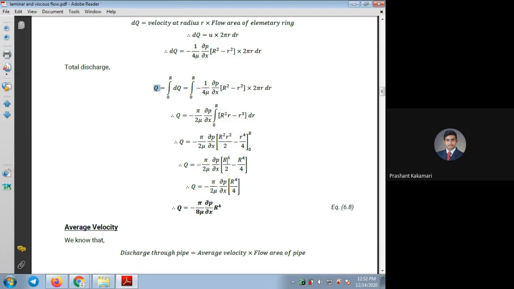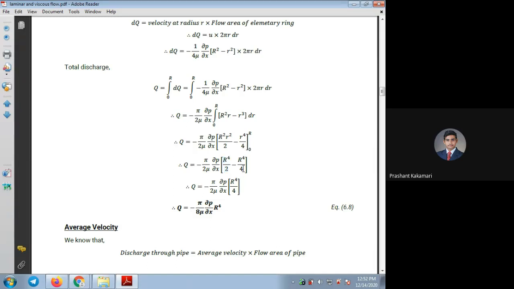Once you integrate, I will get r raised to 4 by 2, because small r after integrating becomes capital R, putting the limits 0 to R. After substituting, the final term will be minus pi by 2 mu dp by dx into bracket, where we focus on R raised to 4 by 2 minus R raised to 4 by 4.